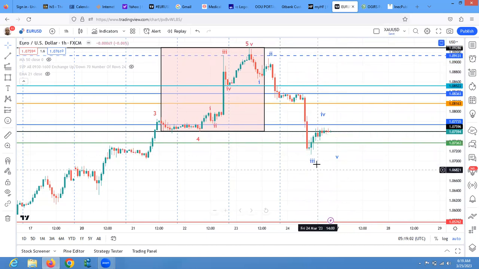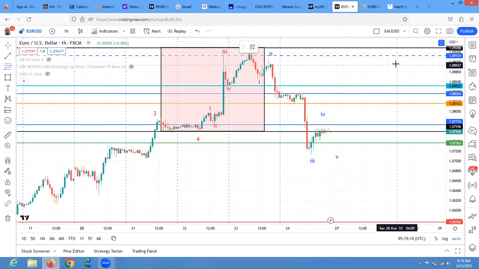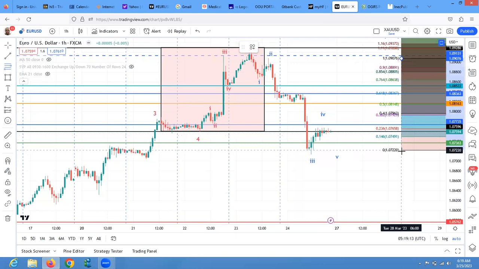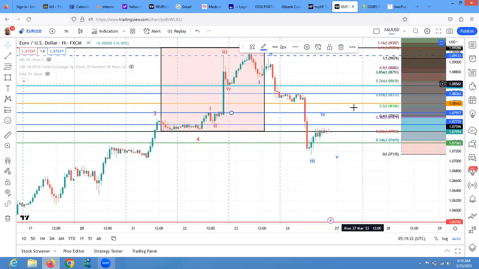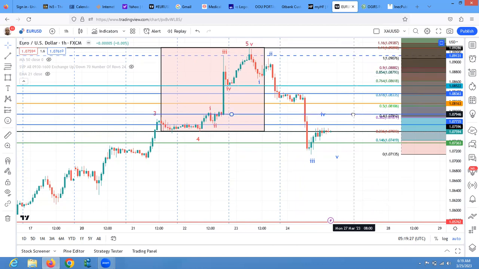So if this one qualifies for 3, where do you think 4 should not break? From here, which is 2, to where 3 is, it means that a new structure that would dictate price is around here, which is 40.